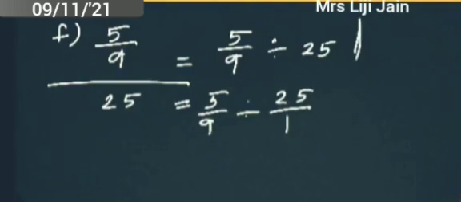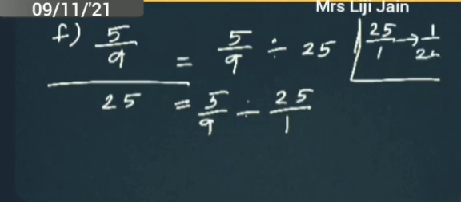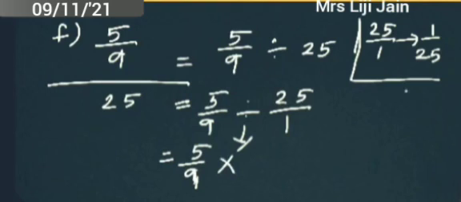Now we can find the reciprocal of the divisor fraction. What is the reciprocal of 25/1? Yes, 1/25. So write the first fraction as it is, division has to be converted to multiplication, and the reciprocal of 25/1 is 1/25.